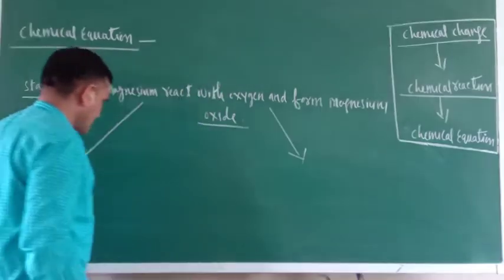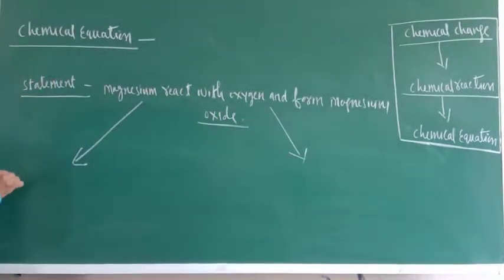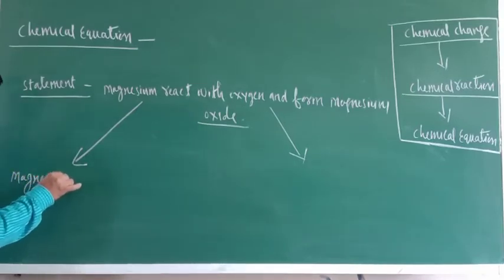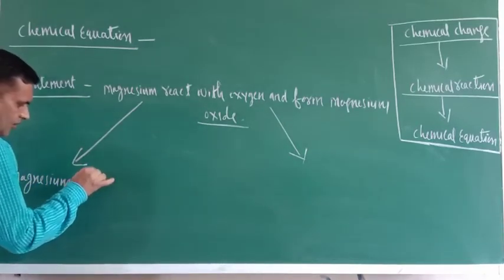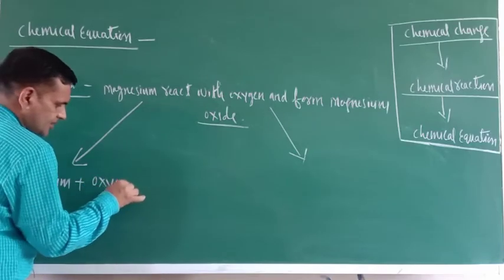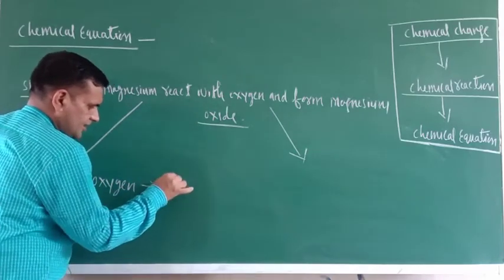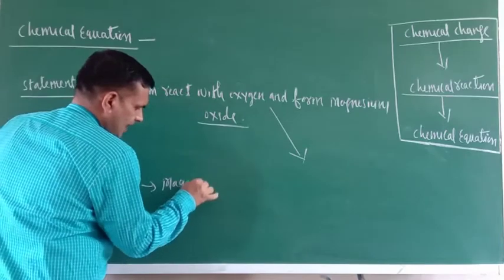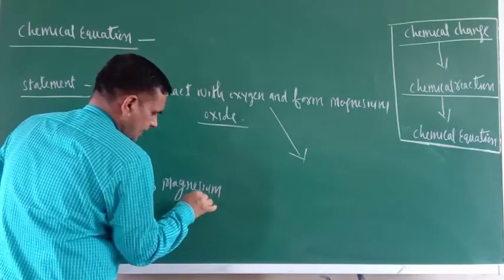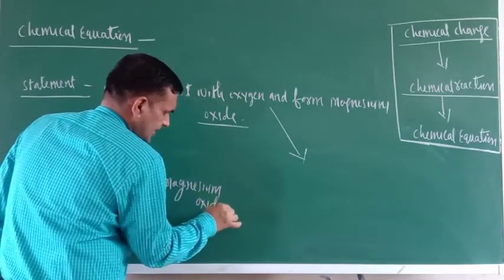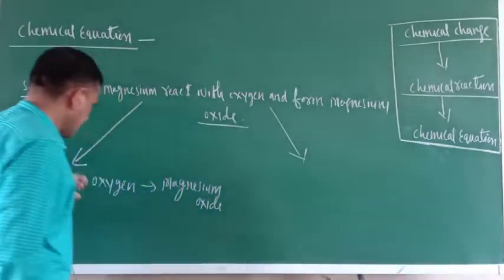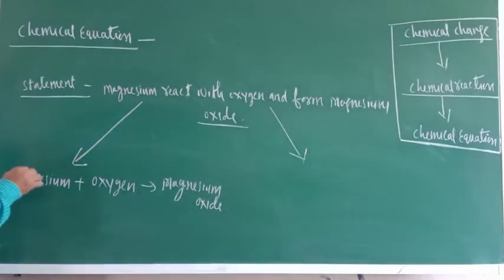Just see. Now I can write in this way: magnesium plus oxygen equals magnesium oxide. And just see, this is called a word equation.